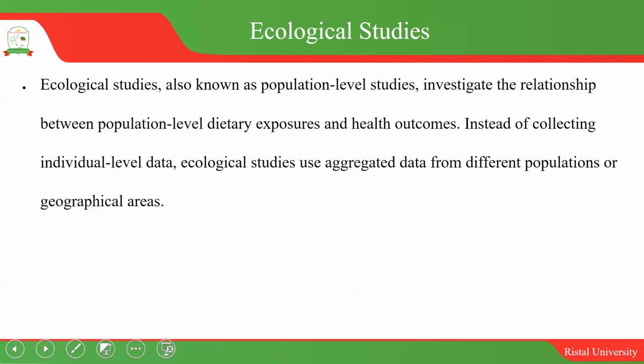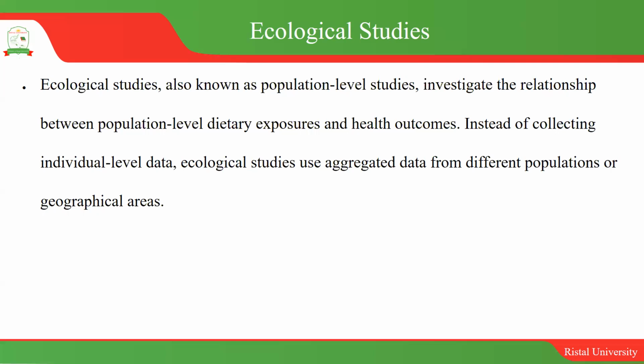So we have what we call ecological studies. In this, we look at populations. The key difference is that we look at populations. In all the other studies, you have looked at groups of individuals. Maybe an individual who takes this type of food, will they develop this disease? But in this case, with ecological studies, we are at the population level.